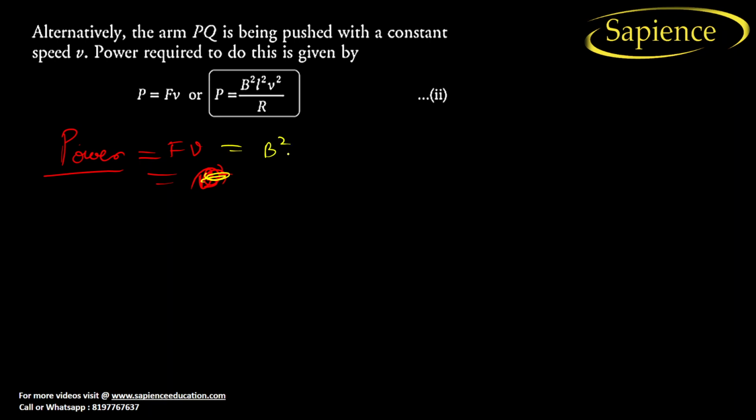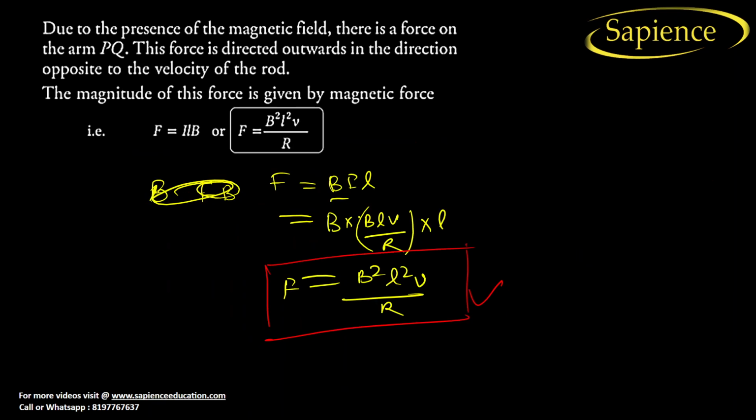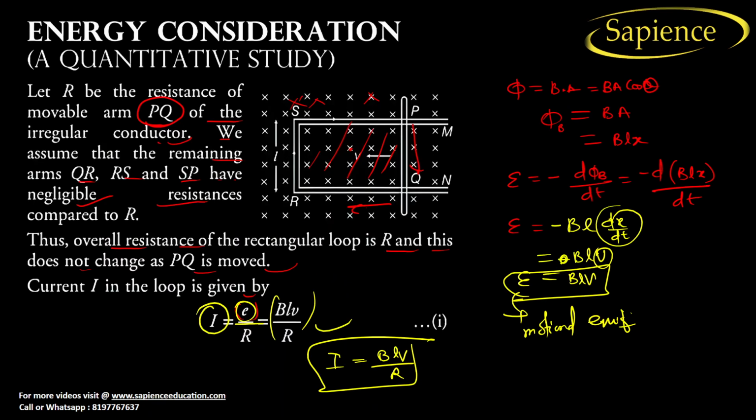Force has a value B square L square V by R, into V. So finally power you will get as B square L square V square by R. I hope you have understood how much power is being generated when you put this coil like this. Okay, so I hope you have understood this.